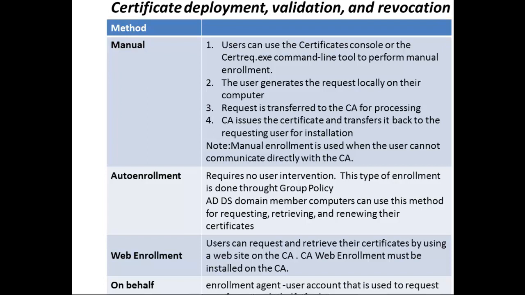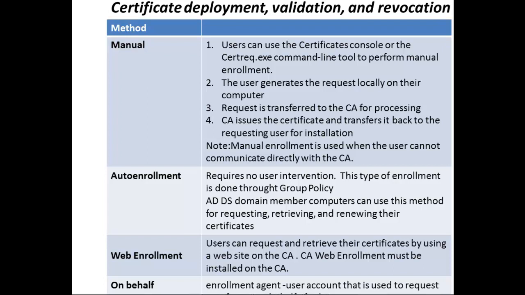The first method we want to look at is the manual method. The user will use the certificate console to perform this manual enrollment. The first thing that happens is that the user generates the request locally on their computer. That request is then transferred to the certificate authority for processing.